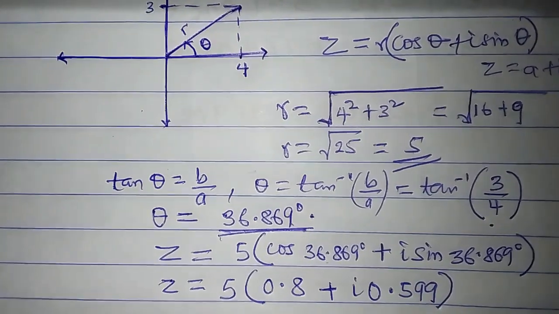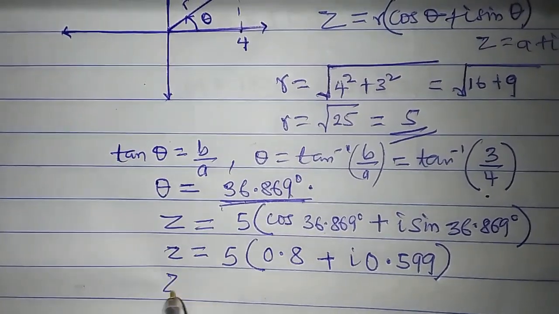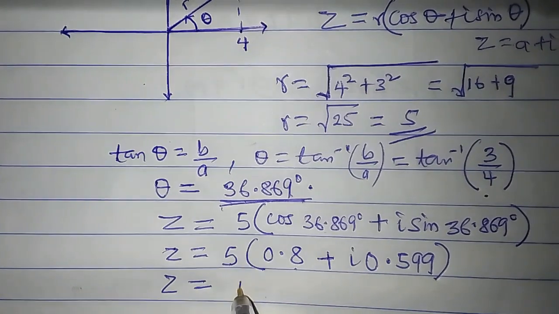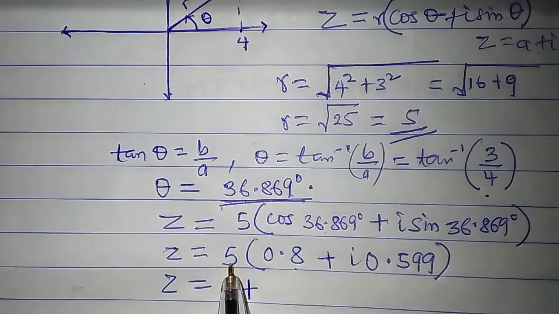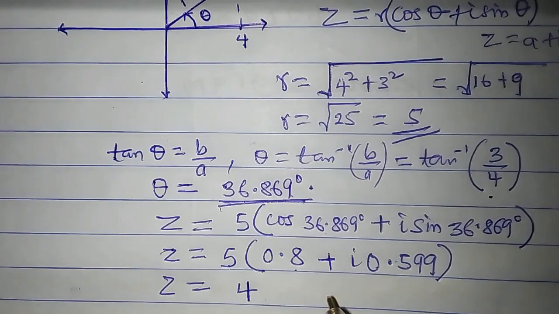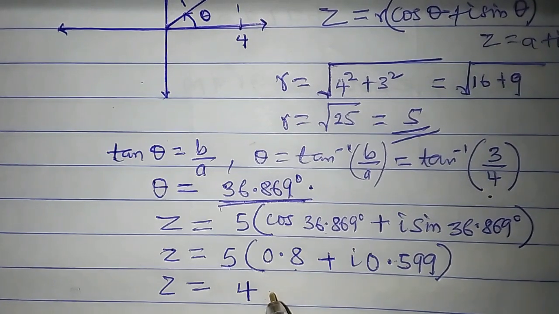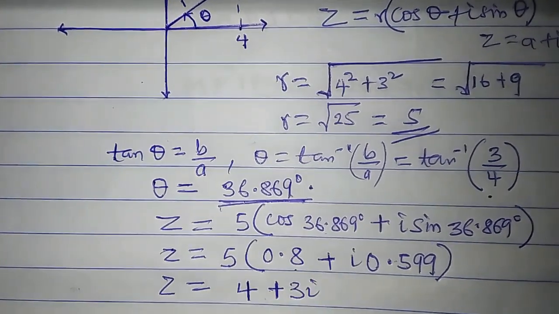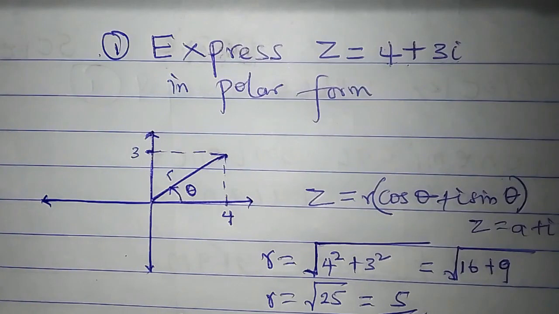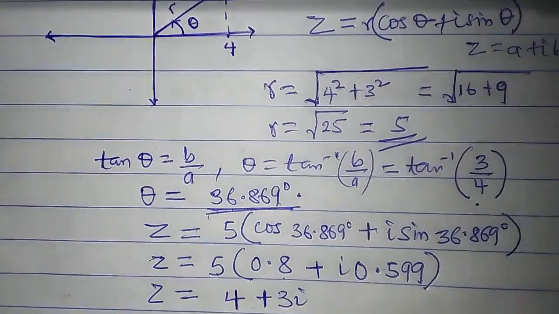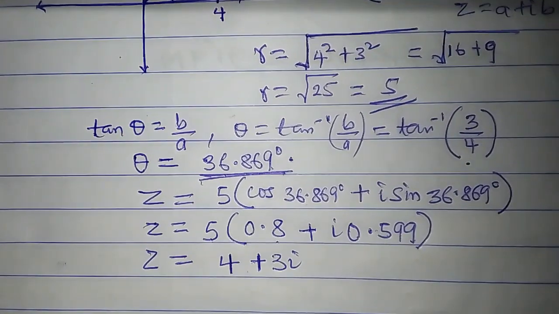Alright? So if I expand this bracket, I will have z equal to 5 times 0.8, which is equal to 4. Then 5 times 0.599, and that is 2.995. If I approximate it to the nearest whole number, I will have 3i. And that is what we have as the question. Okay? So, polar form can also be transformed back to rectangular form.